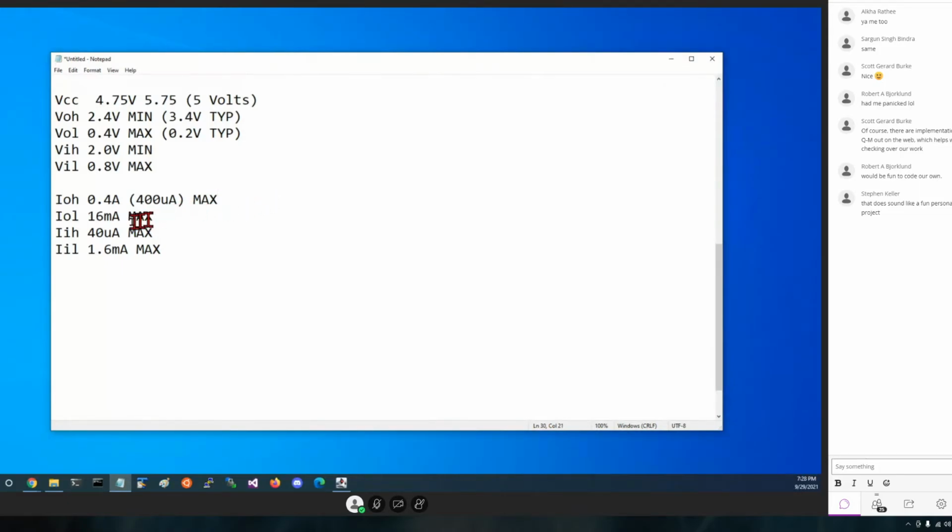But notice that what we need for our input is 1/10 of what we can produce on an output.